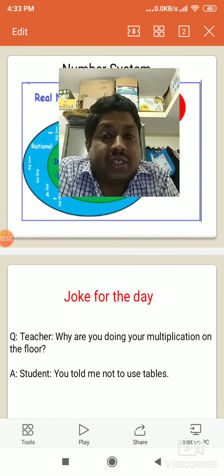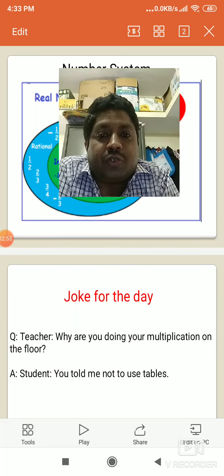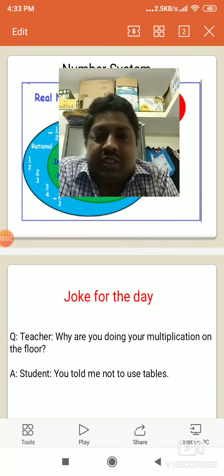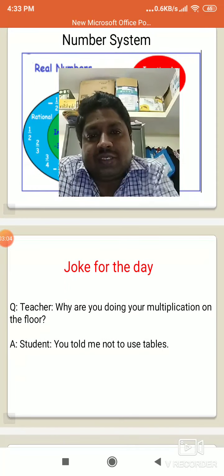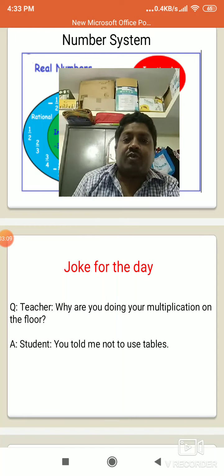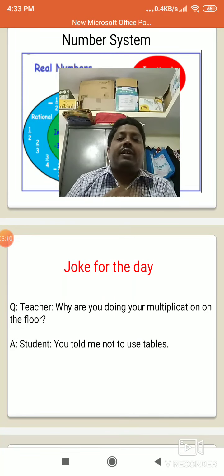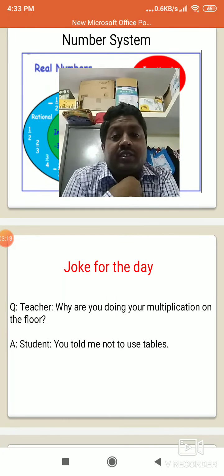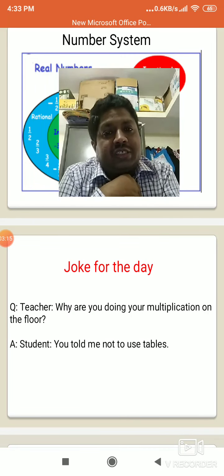A house cannot be constructed without a basement, so the base should be good. See children, mathematics is obviously all the four operations: addition, subtraction, multiplication and division.